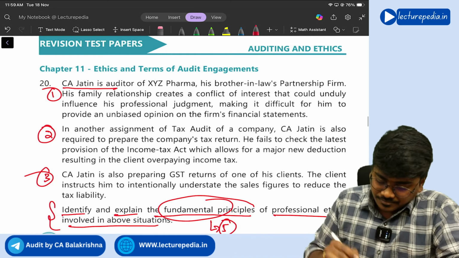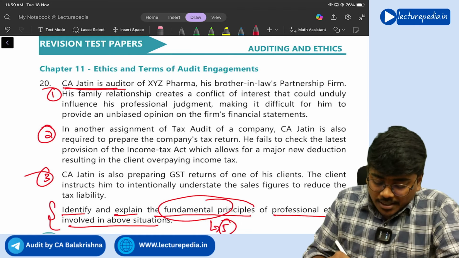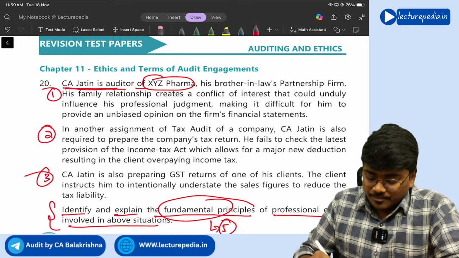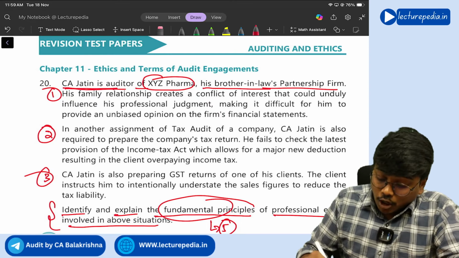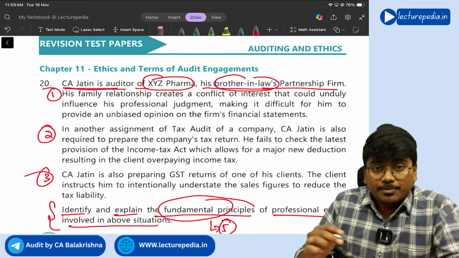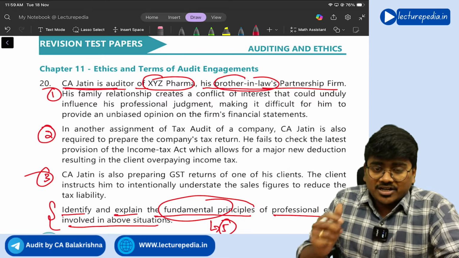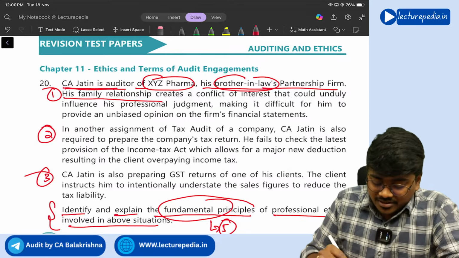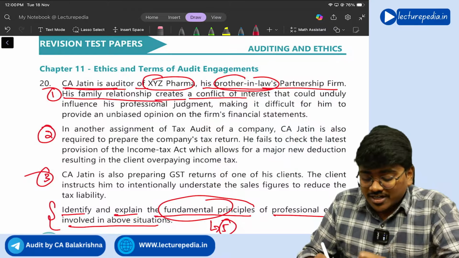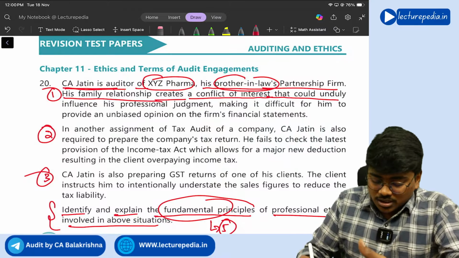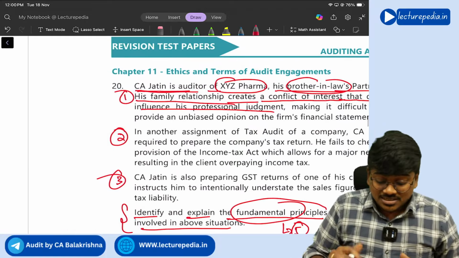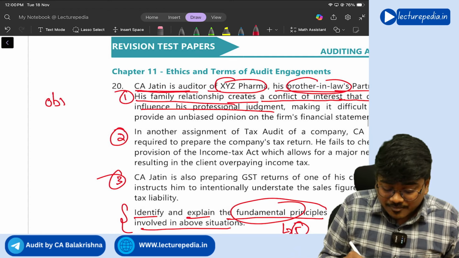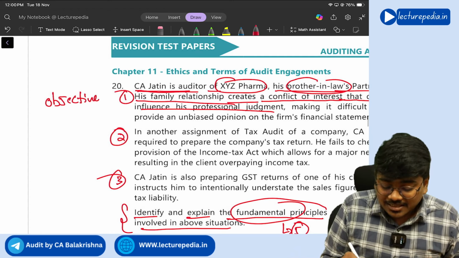Let us see. CA Jatin is auditor of XYZ Pharma, his brother-in-law's partnership firm. So, there is a relationship. Now, his family relationship creates a conflict of interest that could unduly influence his professional judgment. That means he cannot act objectively.